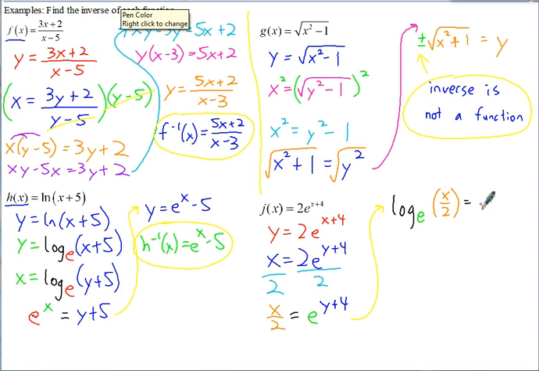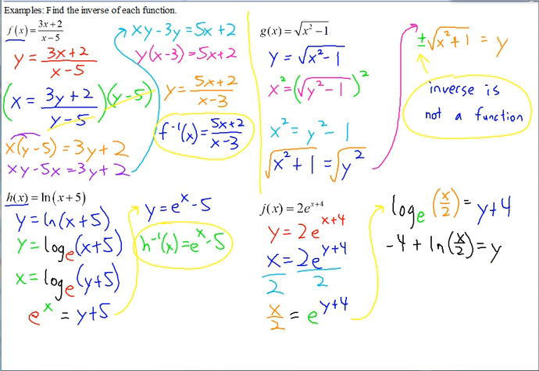The log always equals the exponent. And then last step to solve for y, you just subtract the 4. And usually that negative 4 will be written out in front. So negative 4 plus, and then log base e, you can write as natural log, of x over 2 equals y.